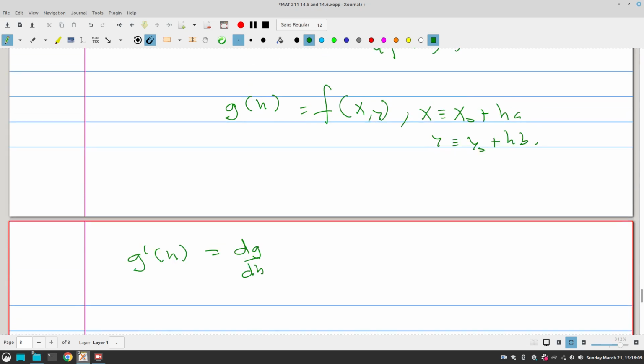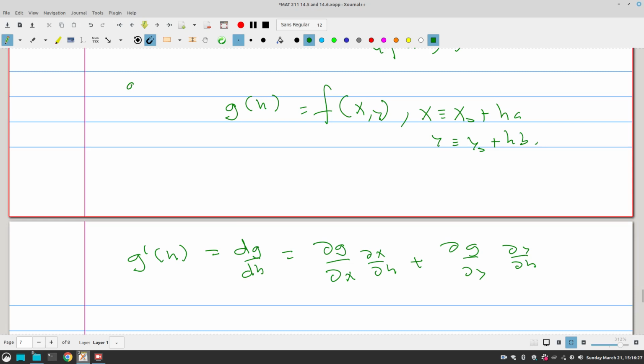So with the chain rule, this is equal to partial g over partial x times partial x over partial h, plus partial g over partial y times partial y over partial h. Remember, you have g, you have x, y, and both are functions of h.